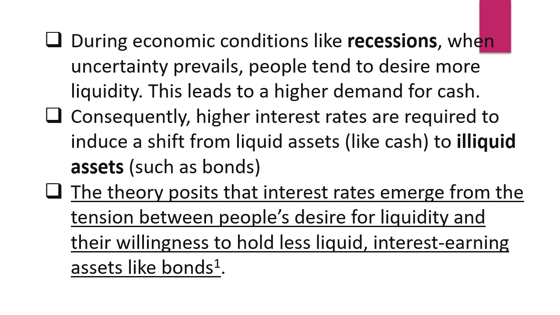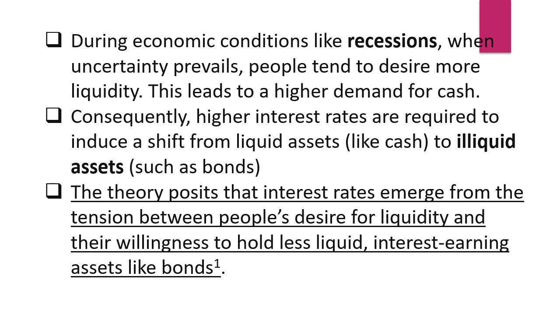During economic conditions like recession, where uncertainty prevails, people tend to desire more liquidity. This leads to a higher demand for cash. During recession or depression, people wish to have more money in cash with them because they never know what the situation is going to be in the next hour.